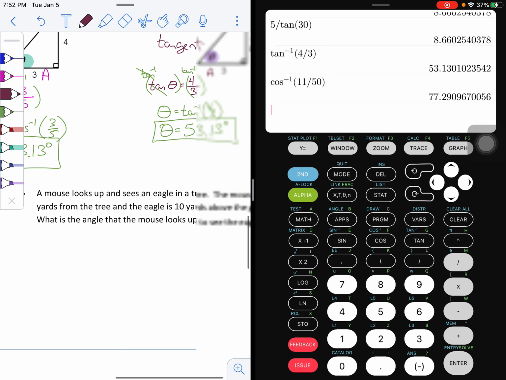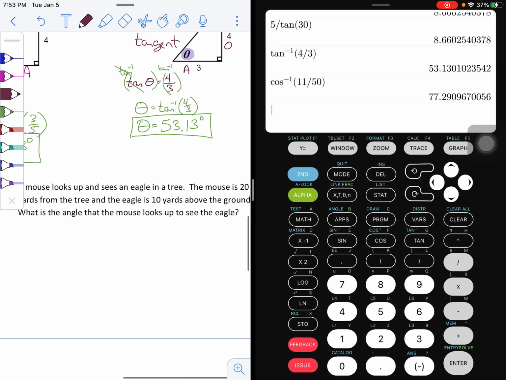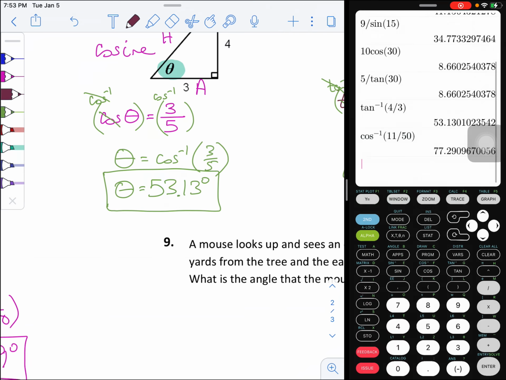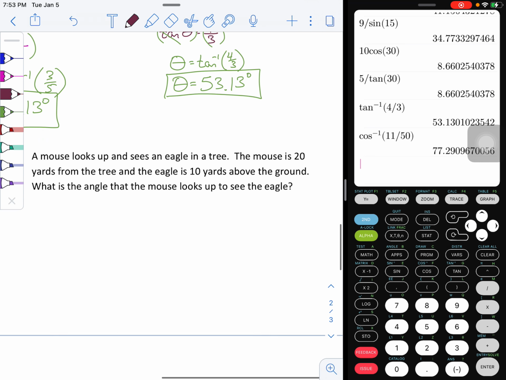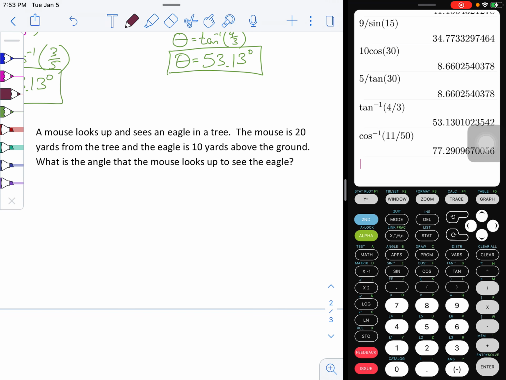And last one here is problem number 9, a little word problem. I'm going to slide over the calculator. Now, when we've got these word problems, we know we need to translate them into a picture. I am not an artist, not by any means, and so when I see a problem like this, I'm going to quickly read it.